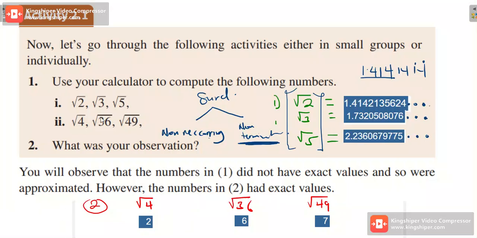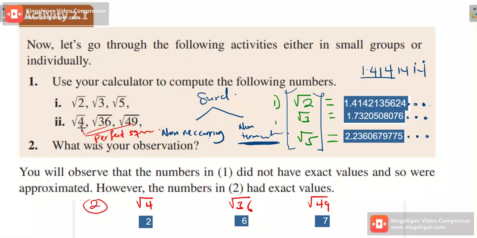We can clearly see that the numbers 4, 36, and 49 are perfect squares. So these numbers are perfect squares.